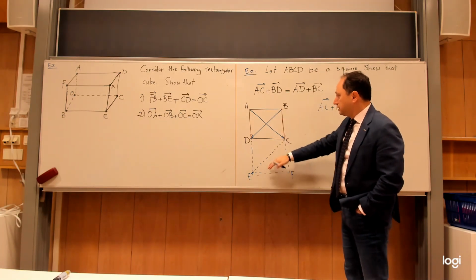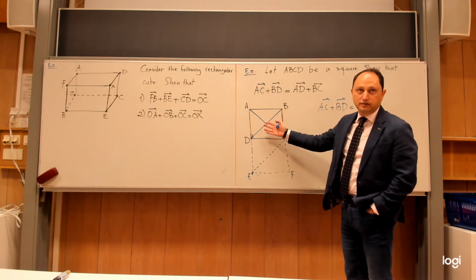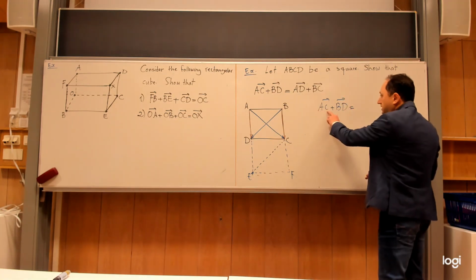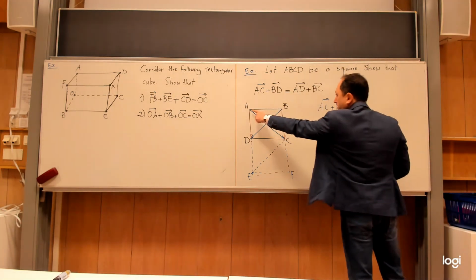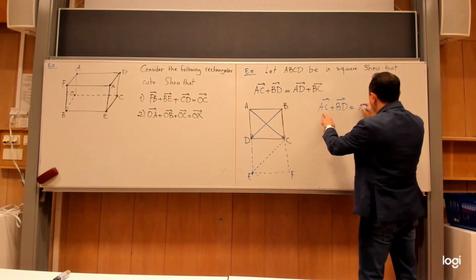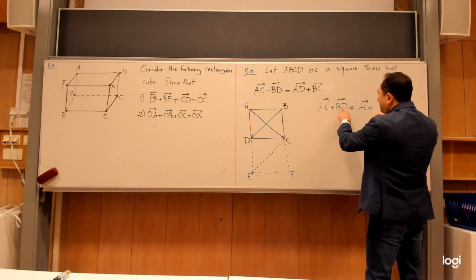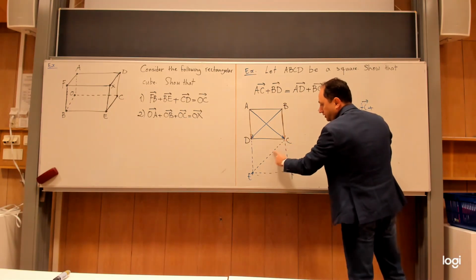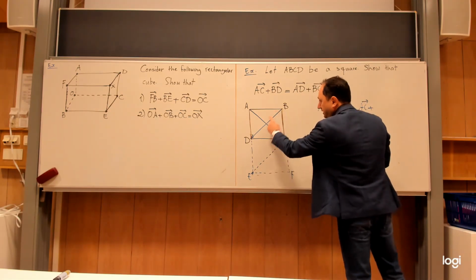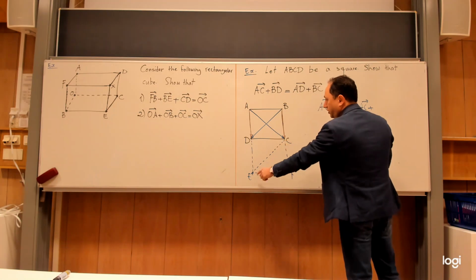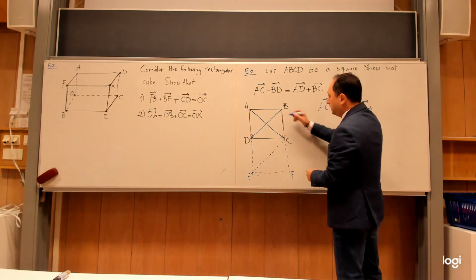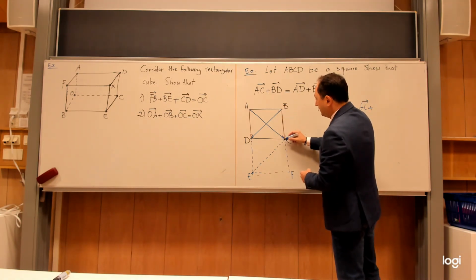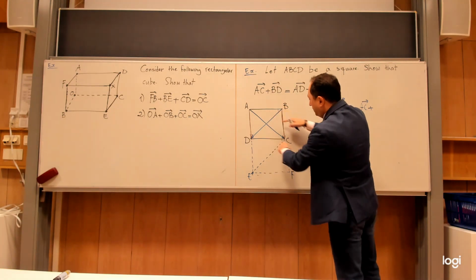It becomes something completely congruent to itself. Yes. And now you are saying that AC plus BD, AC is from here to here. So you write AC, but instead of BD, you are using this idea that there is no difference between this length and that length. And of course, they are also parallel. Why are they parallel? Because this is 45 degrees and that's also 45 degrees. So they have to be parallel.